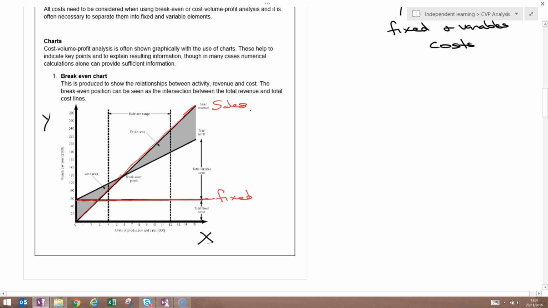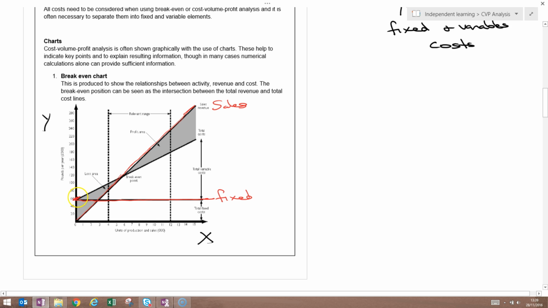And then the third line that we have plotted on the graph is a line to represent the total cost. So that is both the fixed and the variable cost. The starting point, when there are 0 units of output, the line will start at the fixed cost, because fixed costs will still be incurred even if we have 0 units of output.